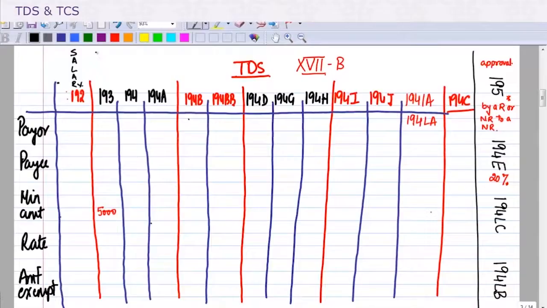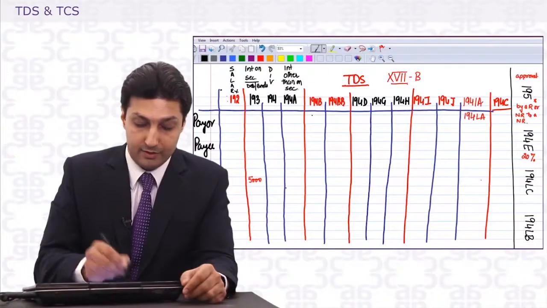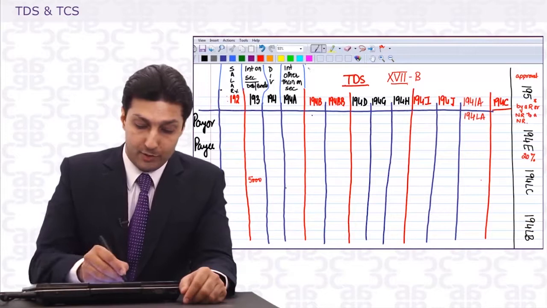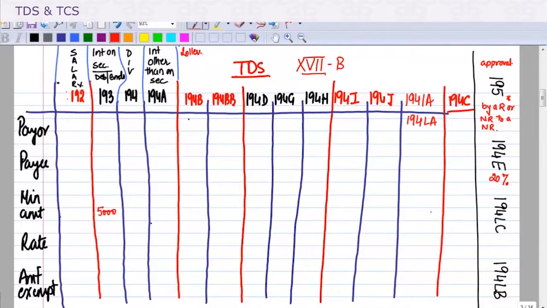Section 193 talks about TDS on interest on securities, debentures, bonds. 194 talks about TDS on dividend. 194A talks about TDS on interest other than on securities. 194B talks about lottery, etc. 194BB talks about winnings from horse races. No other race, only horse race.